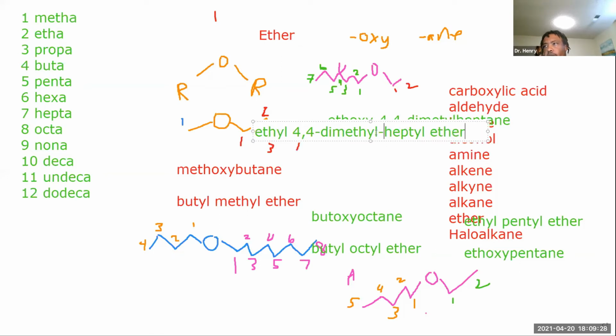And then I put this in, and use the parentheses to let it know that it belongs to the heptyl.